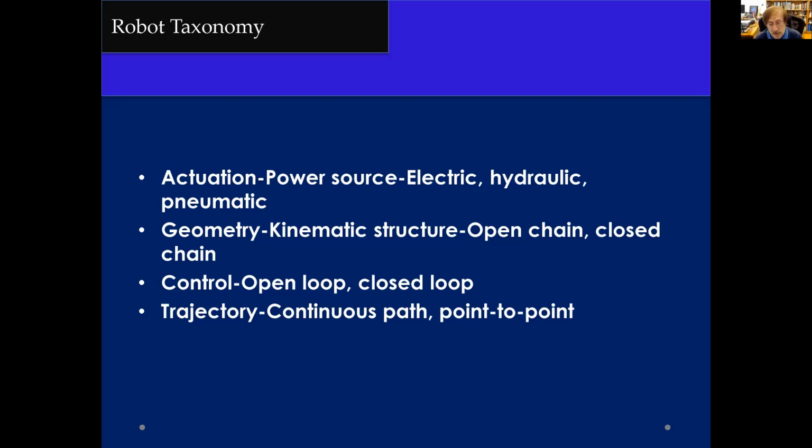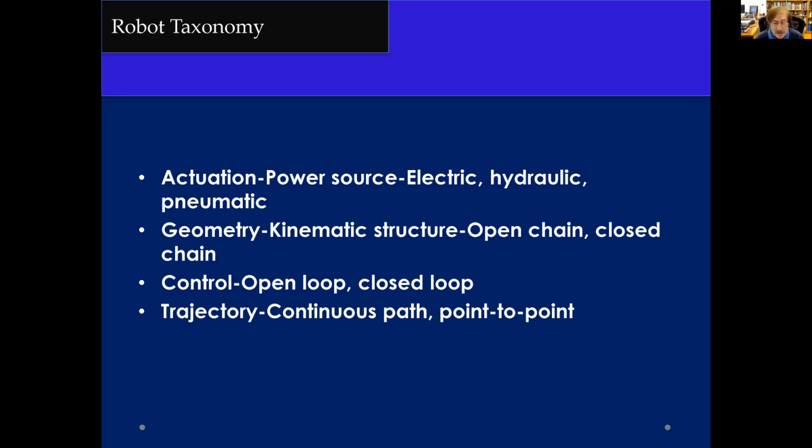And other terms are generated like open chain, closed chain. Also, there are terms borrowed from other fields like control, which are open loop control, closed loop control, and finally, trajectory, continuous path, point to point.